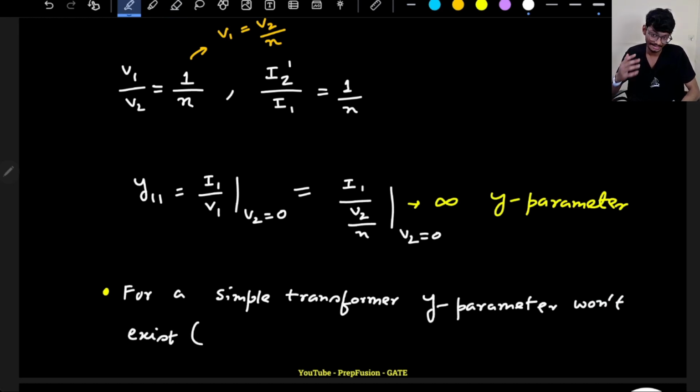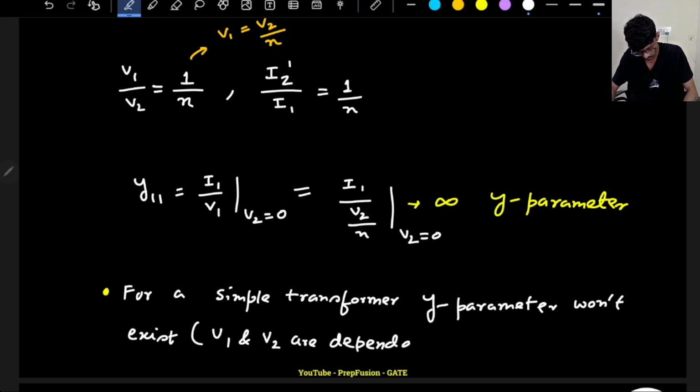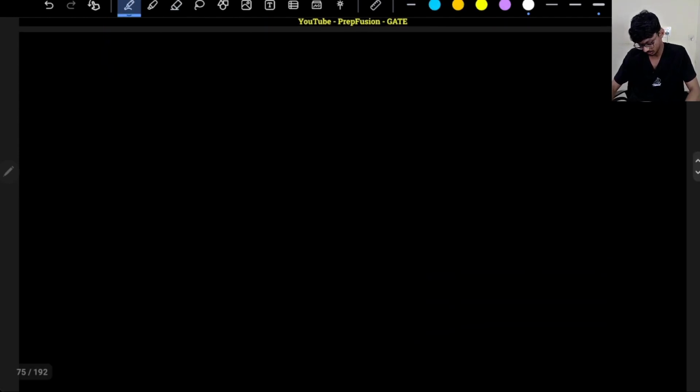Because it has dependent variables, V1 and V2 are dependent on each other. Okay, so you have to be just a bit careful.